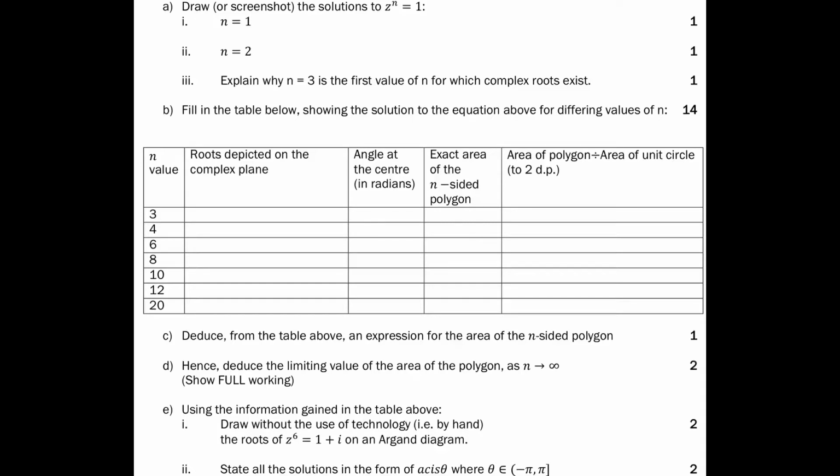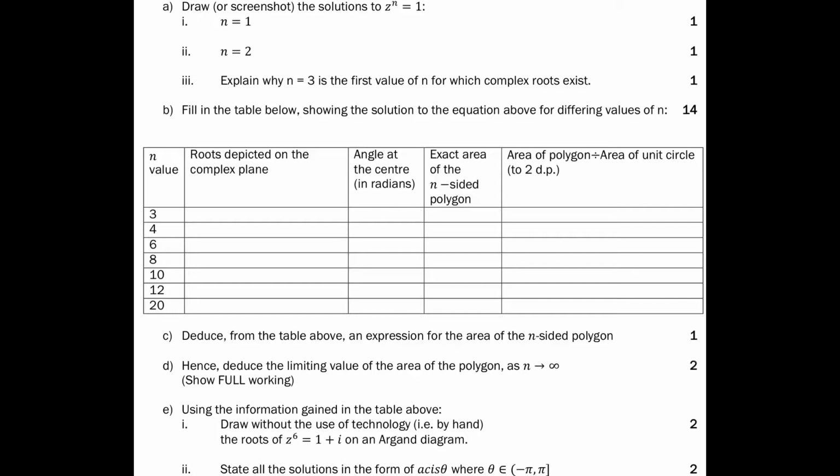What I've done in advance is the work to fill out this table, because filling out this table is what then lets you have the light bulb moments to answer questions C, D, and E as well. So part B asks us for varying values of n. We've got n equals 3, 4, 6, 8, 10, 12, and 20.